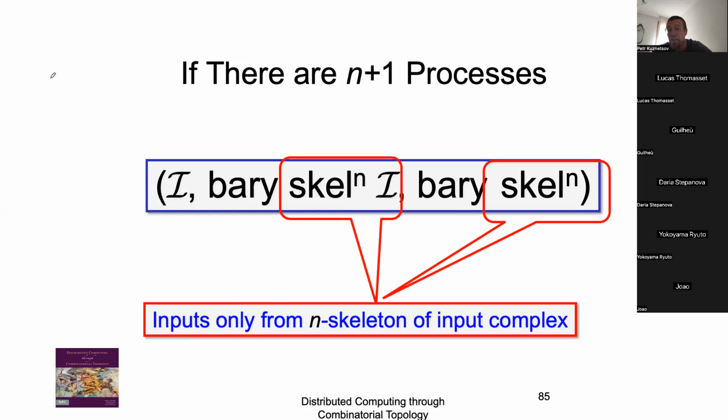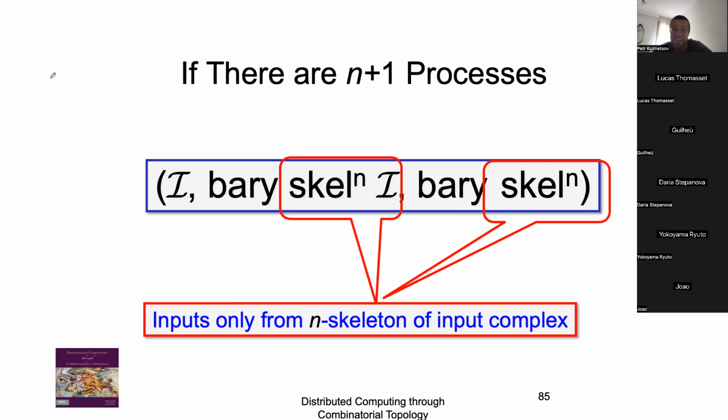As a result, in considering the barycentric subdivision, or barycentric agreement task, it's enough to focus on the skeleton of dimension n. What does it mean? You have a set of all possible combinations of inputs. In some of these combinations, you have potentially more than n+1 inputs. But in any execution, at most n+1 inputs can be proposed.